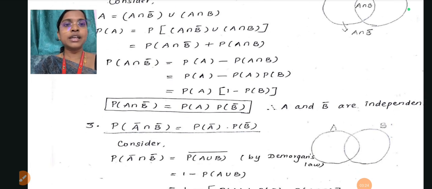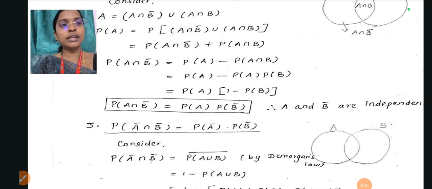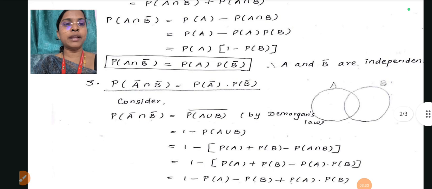From this we can get probability of A intersection B complement is equal to probability of A into probability of B complement. Hence we can conclude that A and B complement are independent.